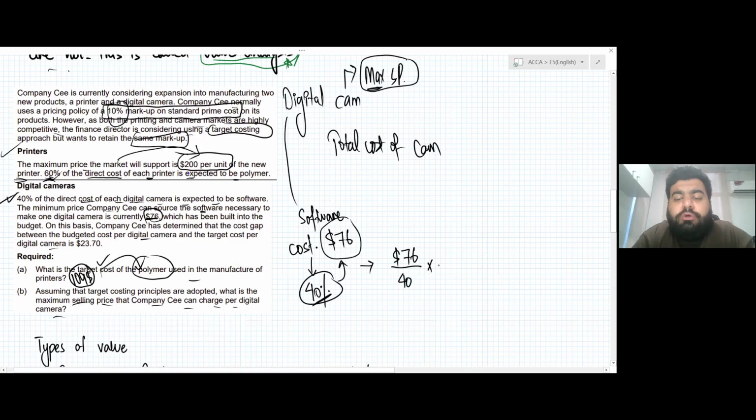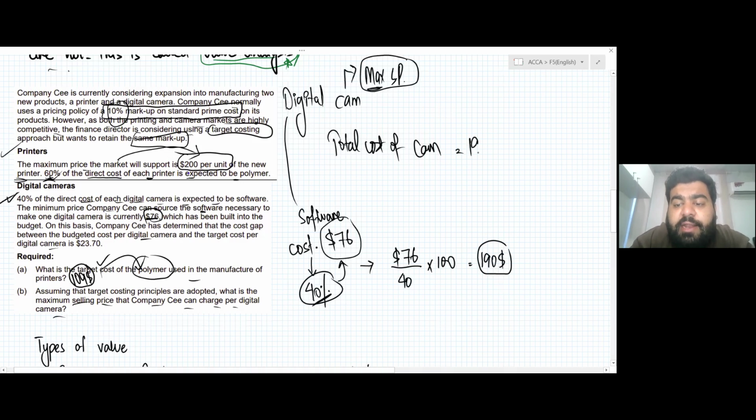You have to go to the total cost, and total cost here is 100%. So 76 divided by 40 into 100 is 190. Let me see again. 76 divided by 40, yes, 190. Now 190 is the total cost of the digital camera.